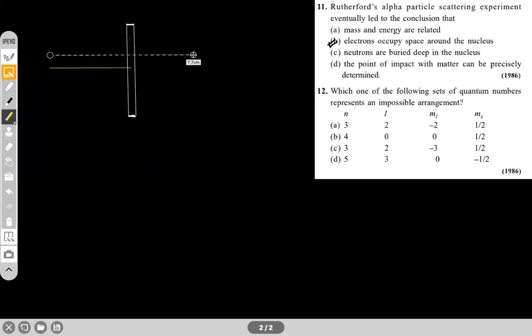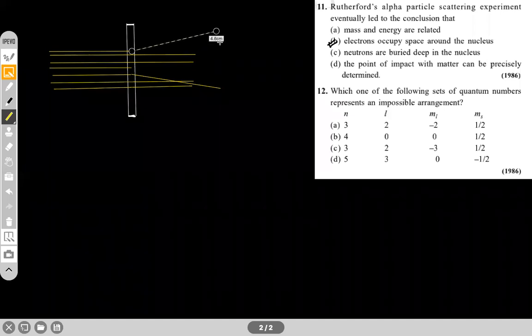What we observe is that some of the alpha particles pass through the gold foil without any deflection. Some of the alpha particles strike and deviate with a very small angle and move like this. This was the alpha particle scattering experiment.